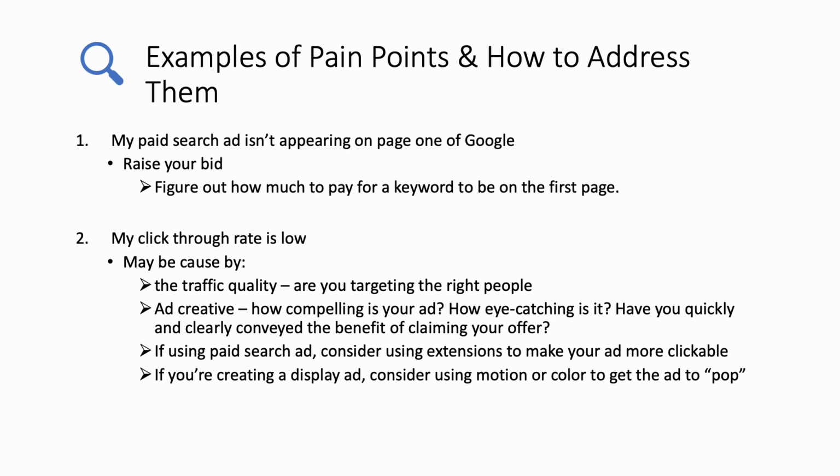Is your ad creative, compelling, or clear about the benefits? For paid search, use ad extensions to make your ad more clickable. For display ads, try adding motion or bright colors to help your ad stand out. Fixing these issues can significantly improve your campaign's performance.